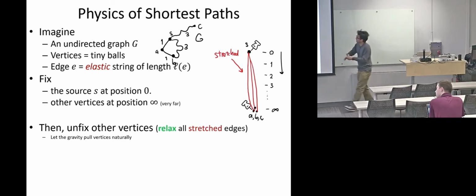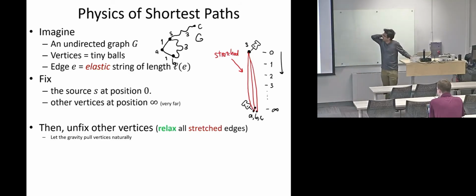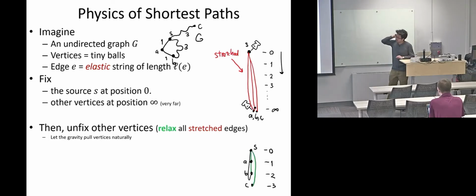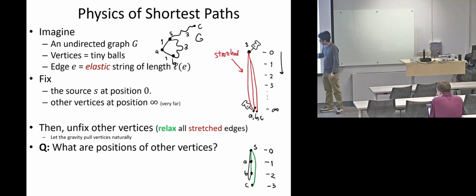Now this node will go up, right? It was stretched, so it will go up, and it might look like this. So if I ask you, once you let every string stretch itself naturally and you don't fix anything, what is the position of every other node here?